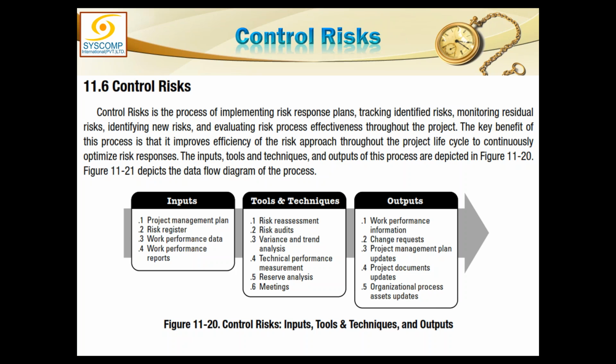That has 100% probability that we will do it. But the risks we don't know. So what we can do, in the control risk process, is keep a watch on the various risk sensors and try to develop an alarm system, an early warning system, for those risks.